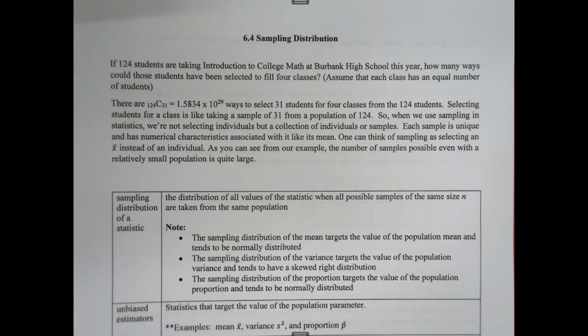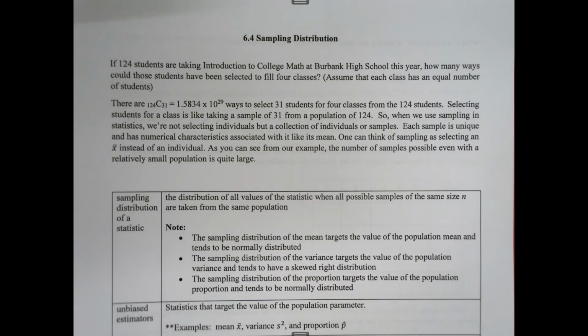Well, we know that there are 124 choose 31, or 1.5834 times 10 to the 29th ways to select 31 students for 4 classes from those 124 students. Essentially, what we are doing is taking different samples of 31 from the whole population of 124. There are a whole lot of possible samples that we can take from our population.